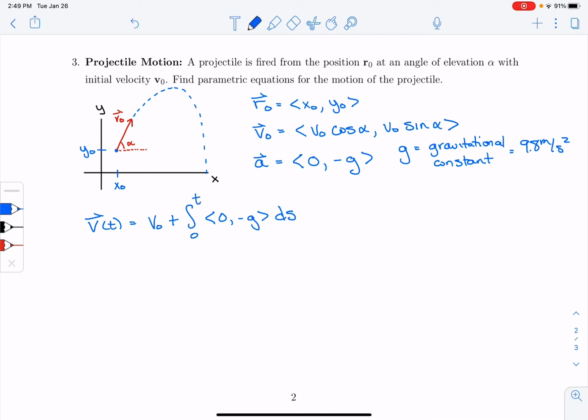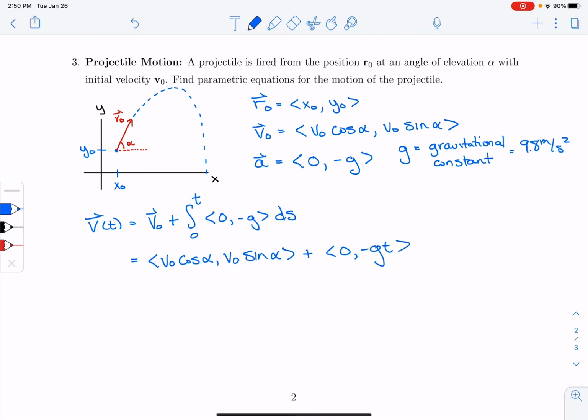Okay, so let's actually do that integration. So this is going to be v0 plus, what is v0? v0 is v0 cosine alpha, v0 sine alpha, and then plus 0, because when we integrate 0 from 0 to t we get 0, and then minus gt.